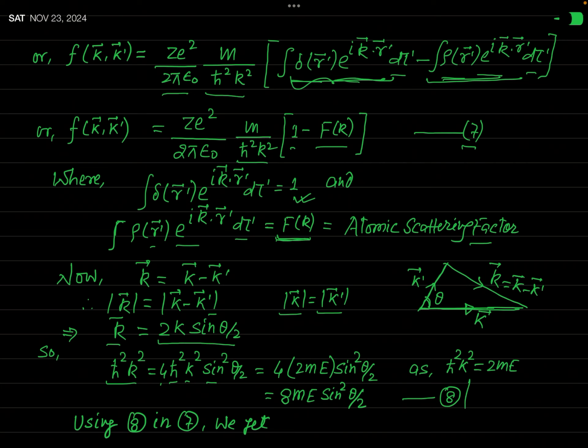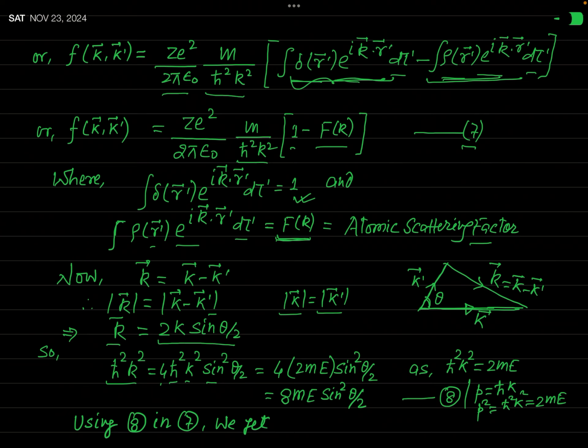But as you know, the momentum of the particle p is given by h bar times k. Therefore p square is equal to h bar square k square. But this momentum p square is equal to 2mE, where E is the kinetic energy, or you can say the total energy, since the potential energy is 0.